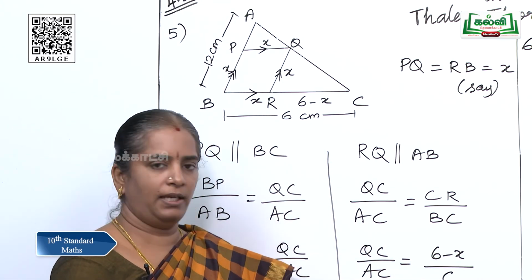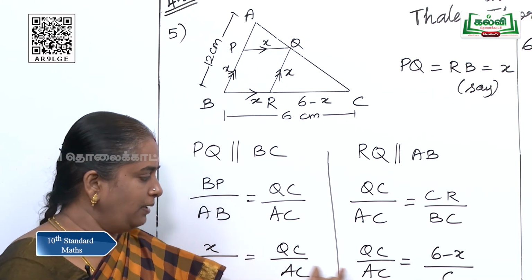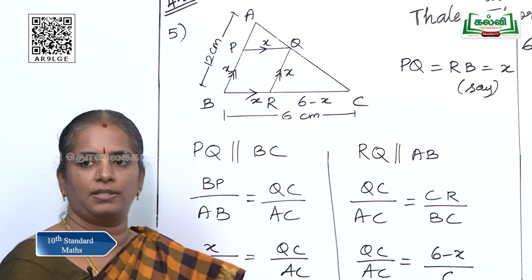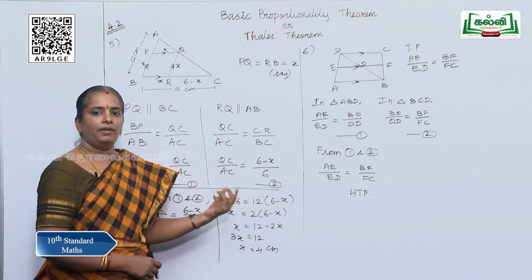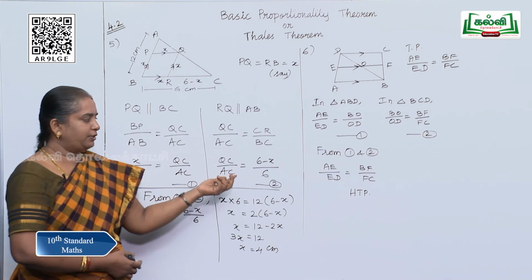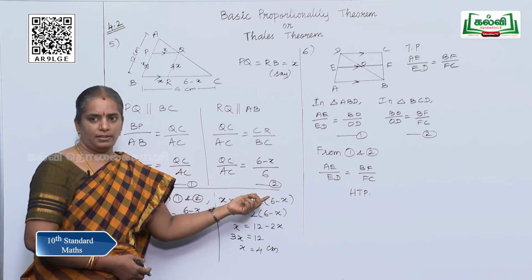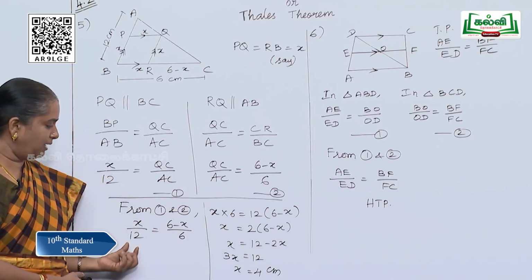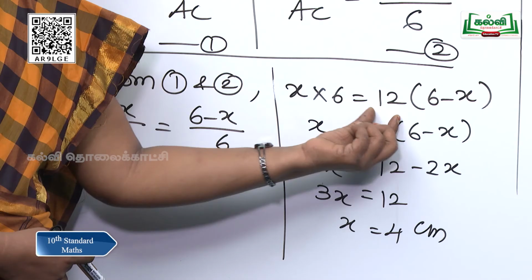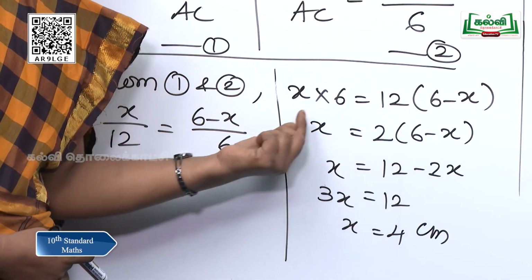So, we have got another equation involving the same ratio in one side, that is QC by AC in one side. So, from 1 and 2 we can equate the other sides, that is X by 12 is equal to 6 minus X by 6. 6X is equal to 12 into 6 minus X, cancelling by 6 we get 2 here.